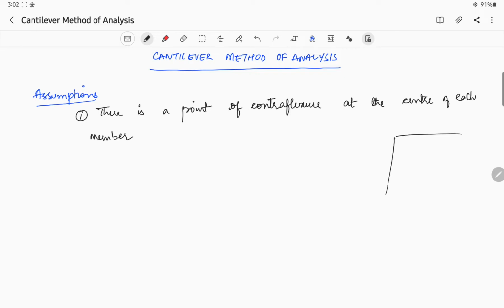Suppose we have a rigid jointed frame like this of multi-story, with ground floor and first floor.